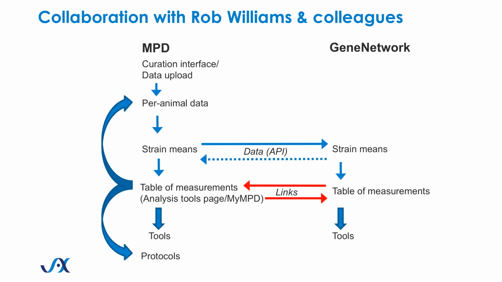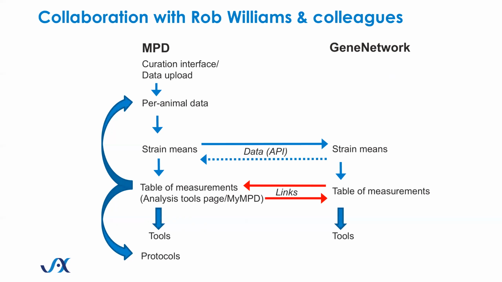We're also doing a collaboration with Rob Williams at University of Tennessee Health Science Center. And the basic idea is to exchange data. They have a lot of data that we don't have, and we have a lot of data that they don't have.